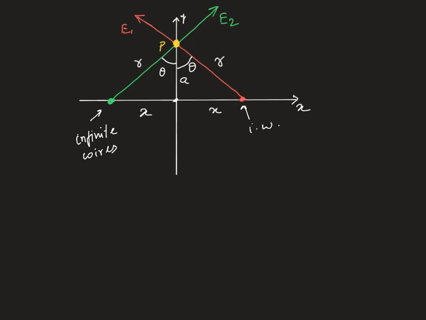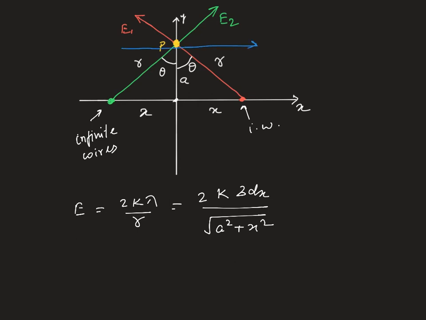Now we know that the field due to an infinite wire was 2k lambda by r, and that got changed into 2k sigma into dx upon root under a square plus x square. Now this is the field. Do we need the original field or do we simply need the components? Let's have a look at it.